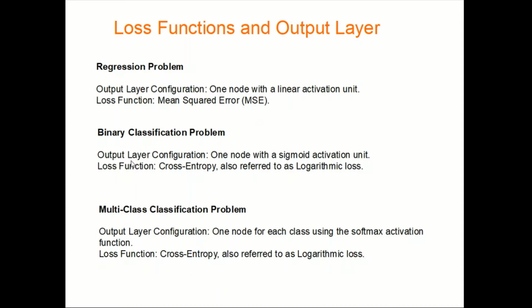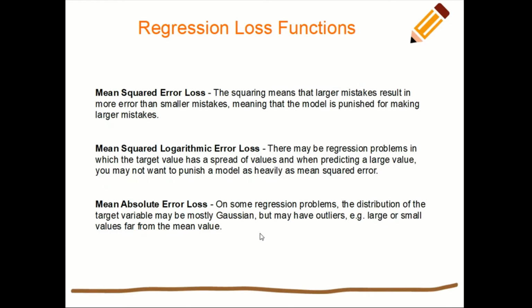For a binary classification problem, we will be using the sigmoid activation unit, and the loss function for binary will be binary cross entropy, and for multi-class classification it will be either the categorical cross entropy or the sparse categorical cross entropy. And in the case of multi-class we will be using the softmax activation function also, right?